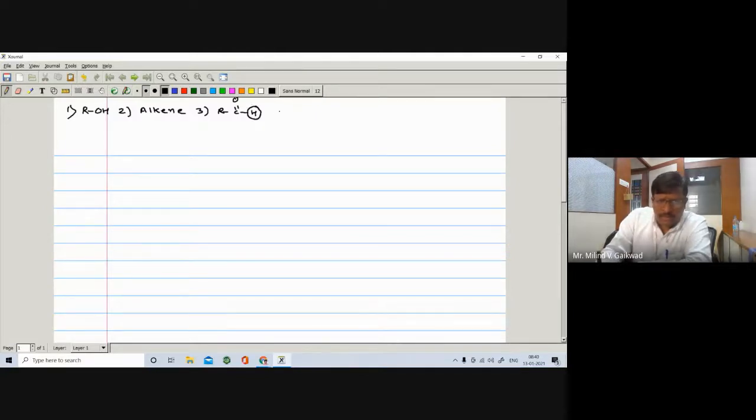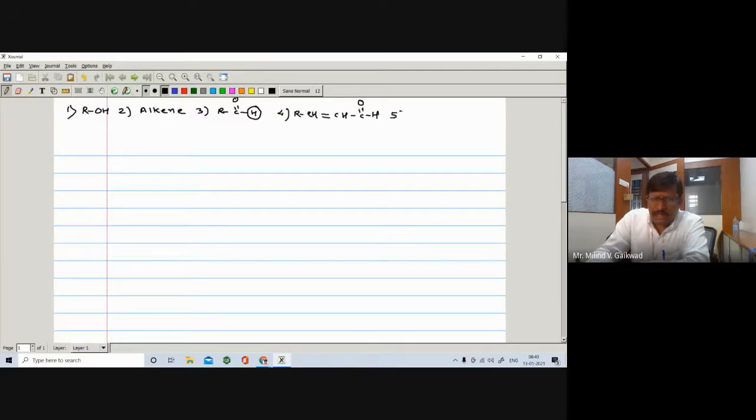Then we have seen retrosynthesis of beta hydroxy or alpha beta unsaturated aldehyde, that is aldol condensation, CH double bond CH, C double bond O H, alpha beta unsaturated aldehyde.